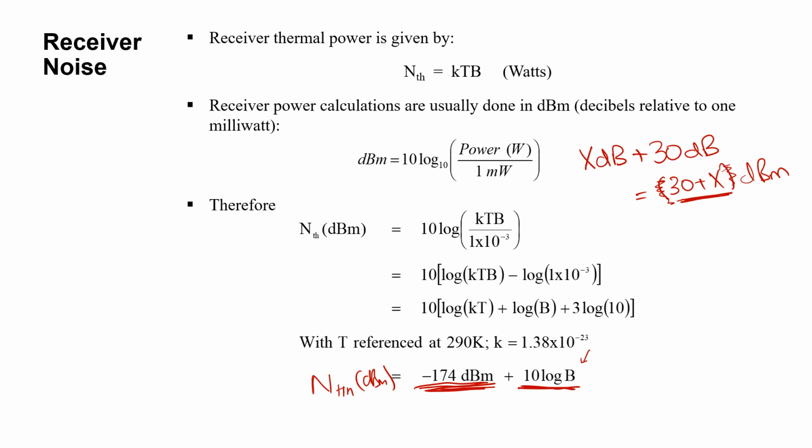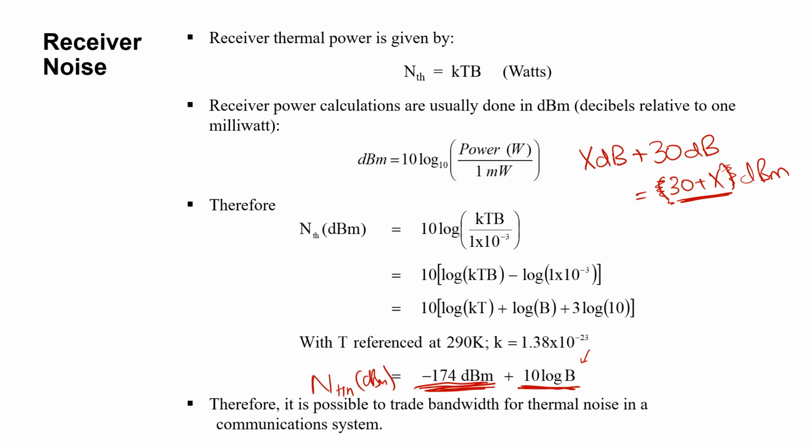So this equation is very useful for noise calculation. Therefore, it is possible to trade bandwidth for thermal noise in a communication system. This is one very important calculation, that if we have small bandwidth, then the receiver noise will go low, or the receiver sensitivity that we will study in coming sessions will also be low.